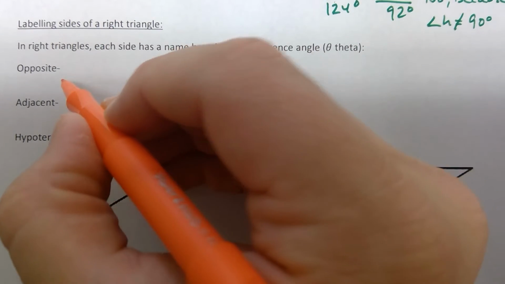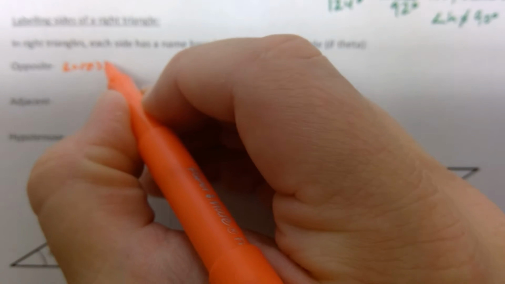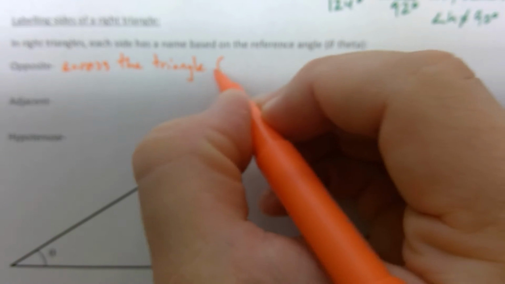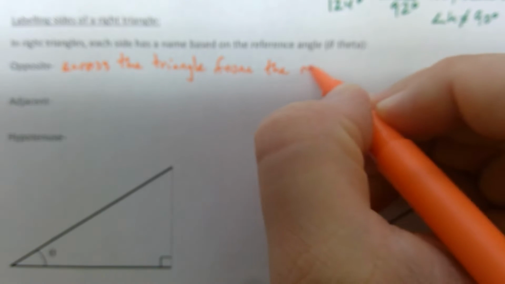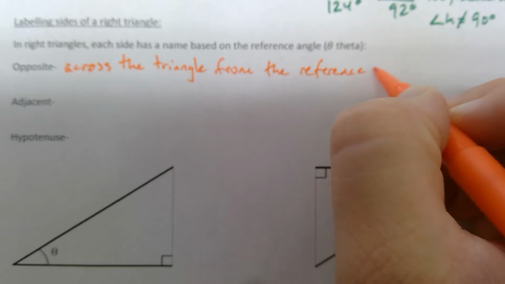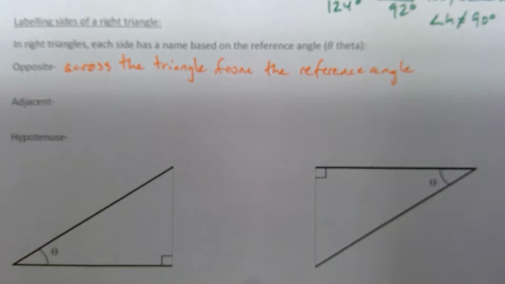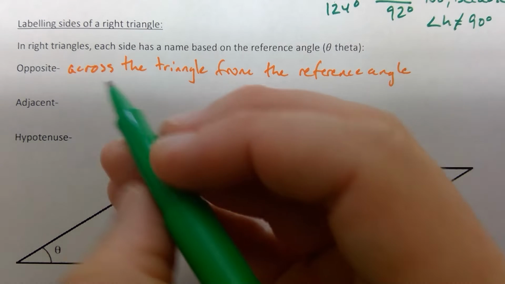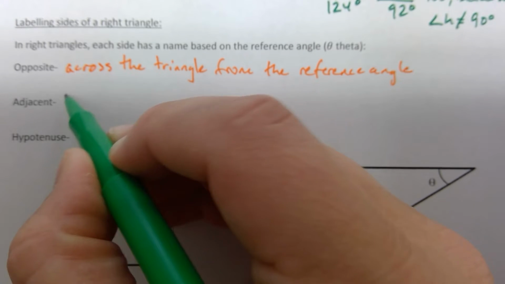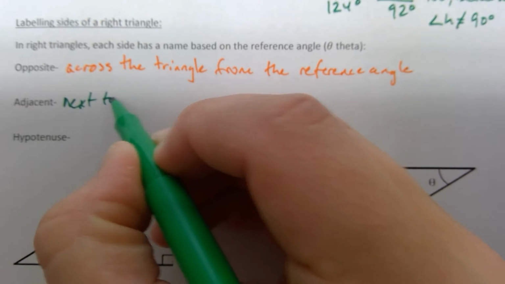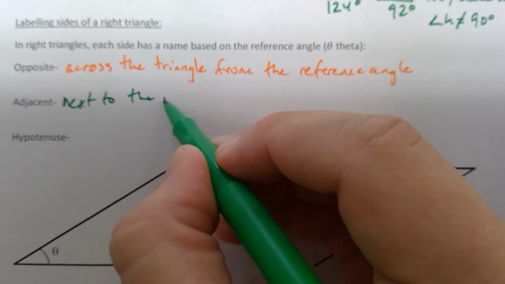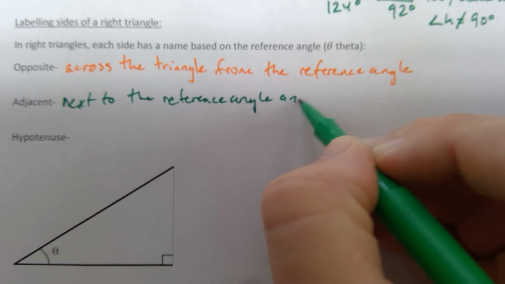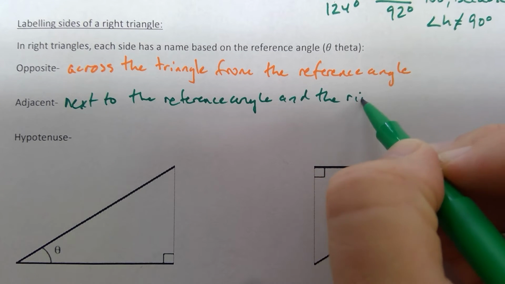Our opposite side is across the triangle from the reference angle. Now our adjacent side is next to the reference angle and the right angle.